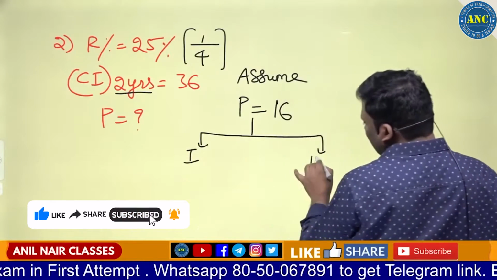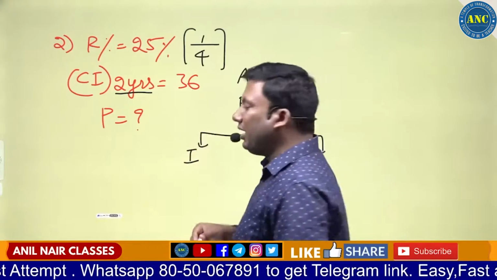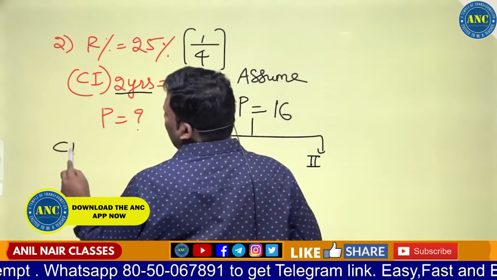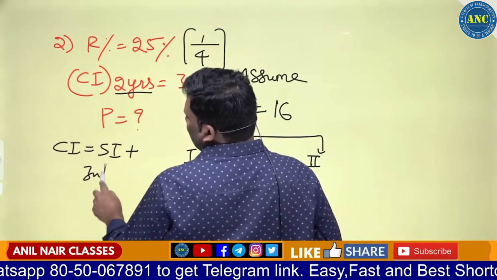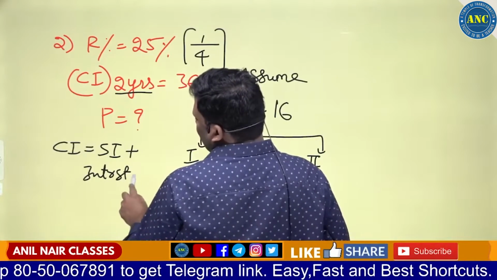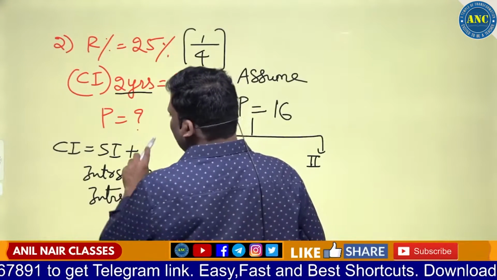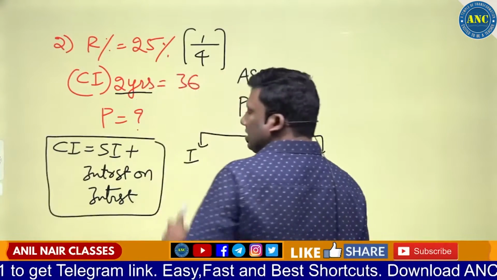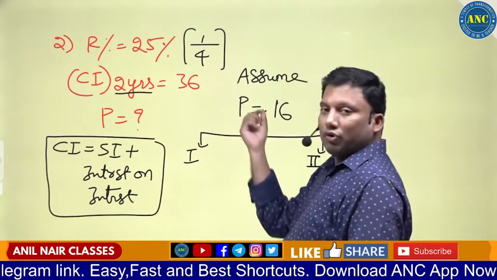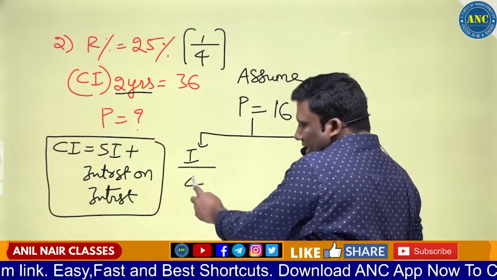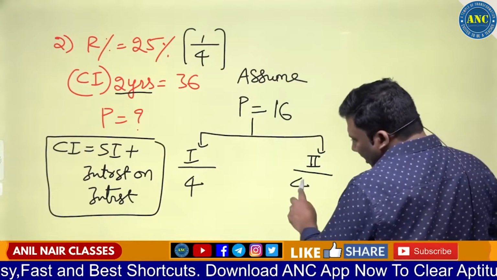There is the first year and the second year. What do you mean by CI? CI is SI plus interest on interest. This is the concept, right? 1/4 of 16 is 4. This is SI for the first year. SI for the second year is the same.